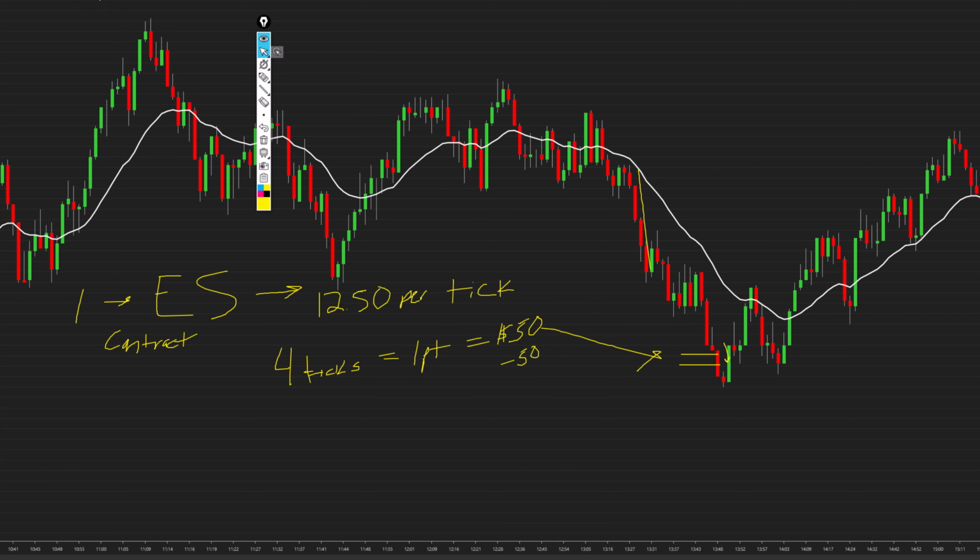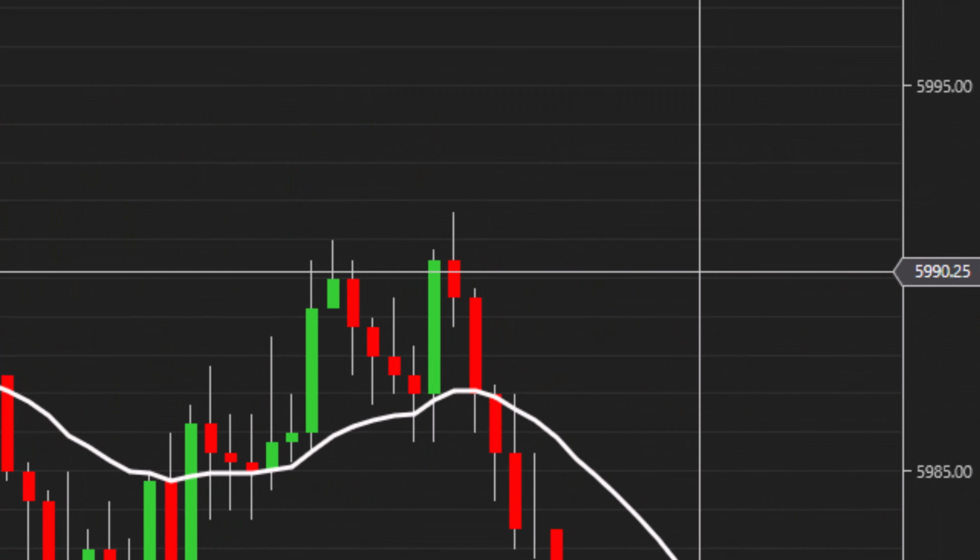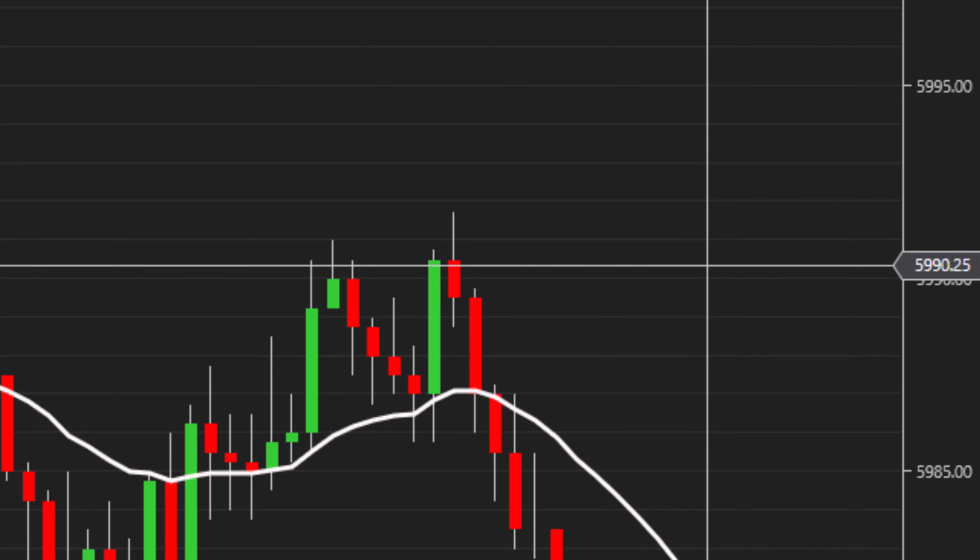So if I just go over here real quick, you see this right here is 990. If I move up, that 0.25 is 1 tick.